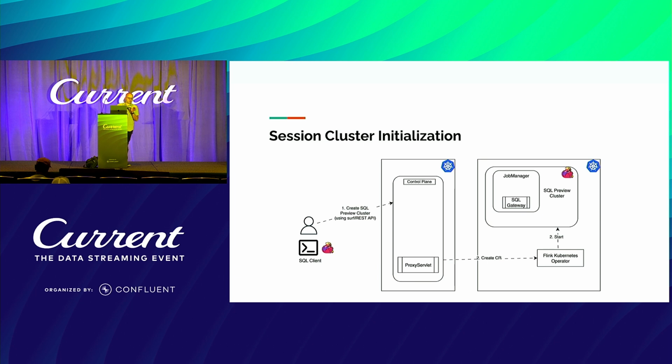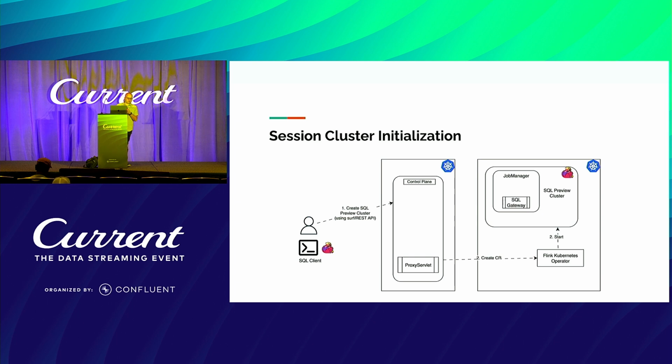The Flink Kubernetes operator is the one which starts your job manager and task manager pods and handles any restarts or failures. So that intra-cluster communication is needed between your control plane EKS cluster and your Flink Kubernetes operator EKS cluster.